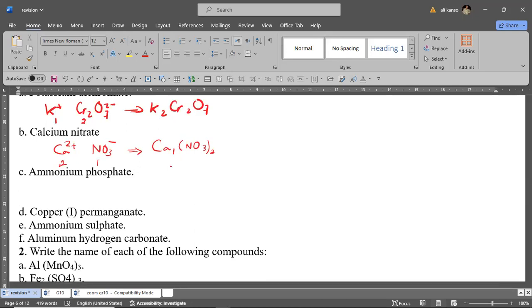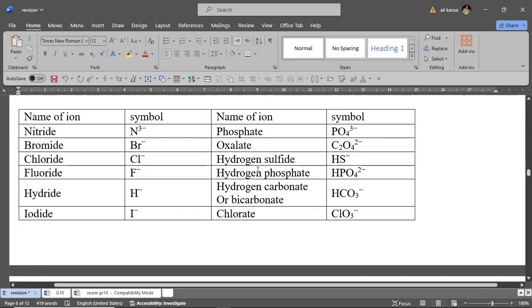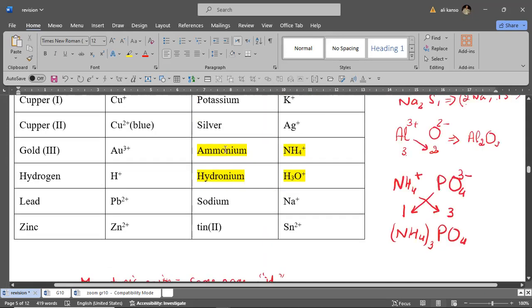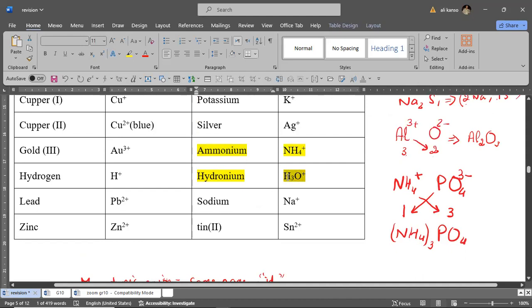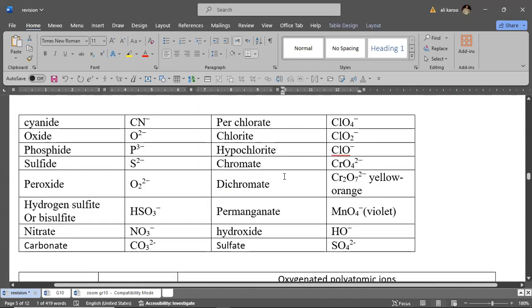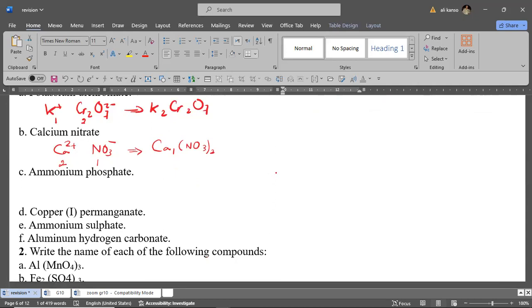Ammonium is a polyatomic cation. You have to memorize it. This is the only polyatomic one that we use in cations: NH4 plus. Hydronium will not be used, but you should know its name only. So ammonium is NH4 plus, and phosphate is PO4 3 minus.